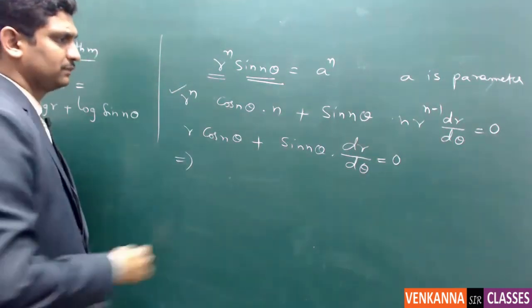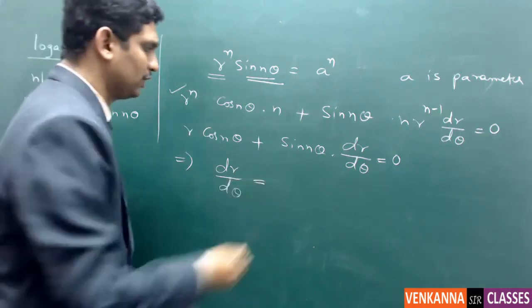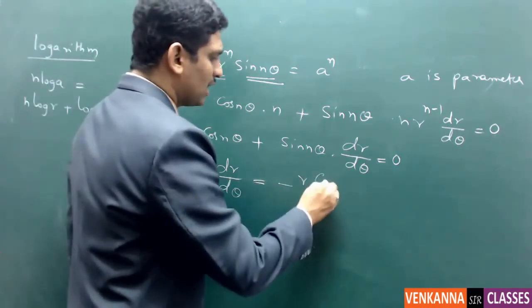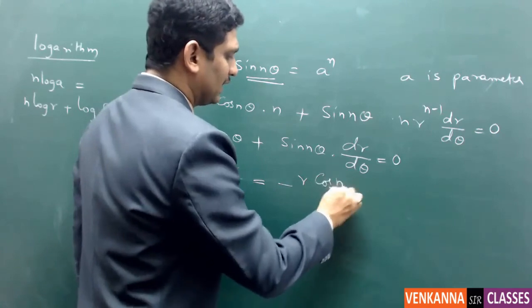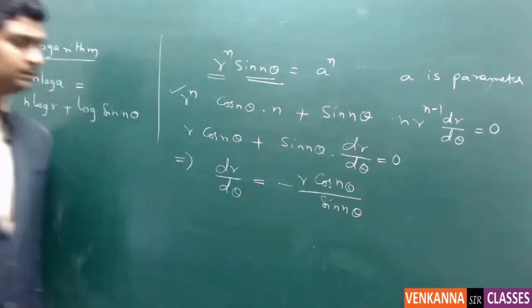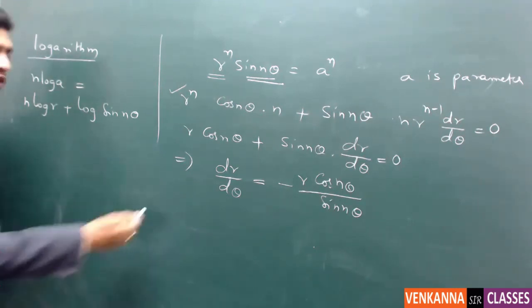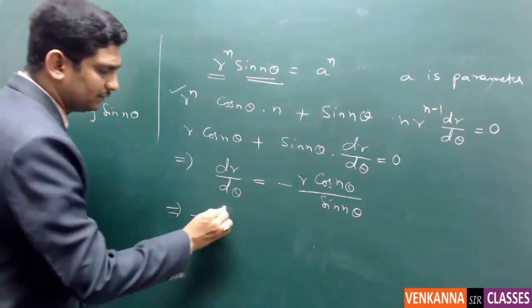This implies dr by d theta is equal to minus r cos n theta by sin n theta. So it is our required differential equation. So let us replace dr by d theta with minus r square into d theta by dr.